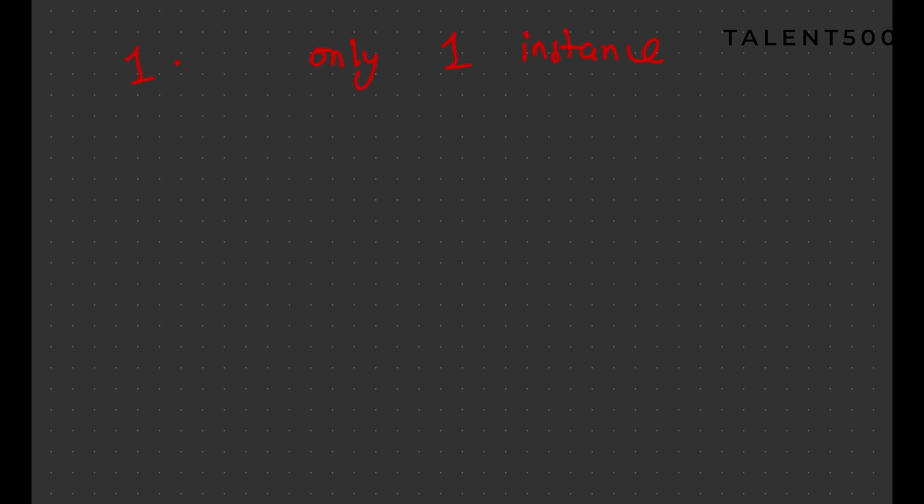And property 2 is that it is globally accessible. So the instance of the singleton class should be globally accessible so that each and every class in your project can use it.